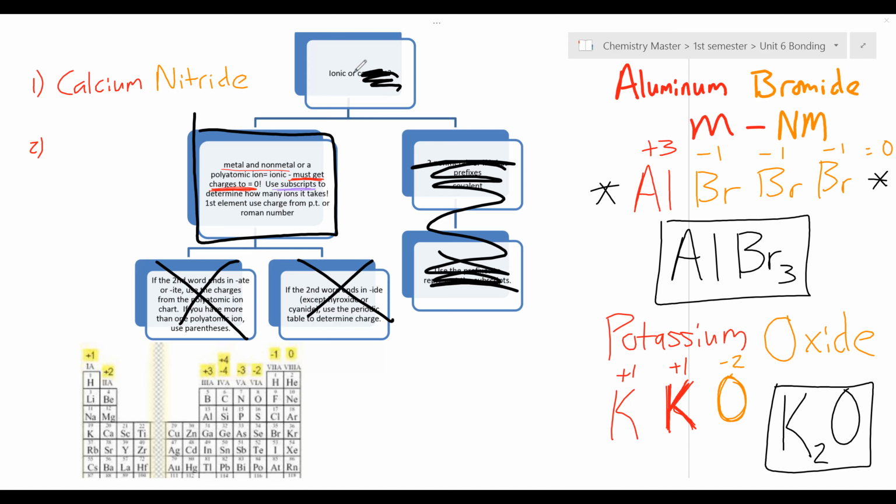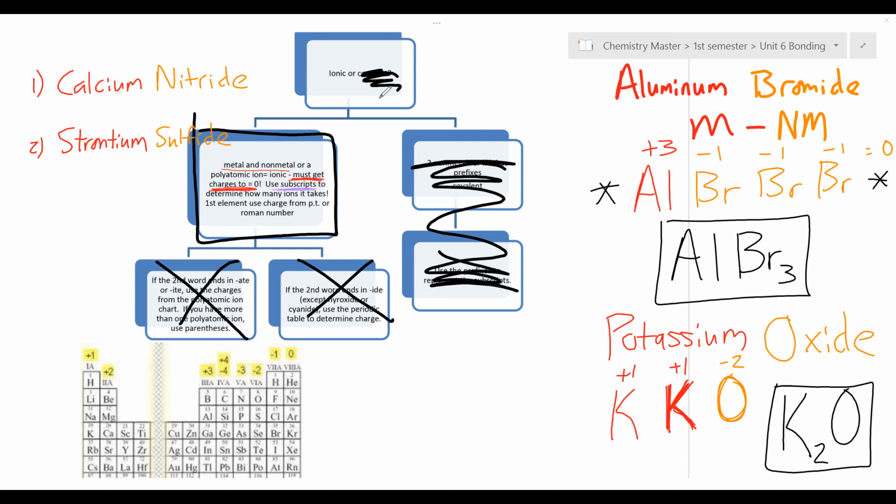And then how about strontium sulfide. All right, there are your 2, calcium nitride and strontium sulfide. See if you can figure those out.